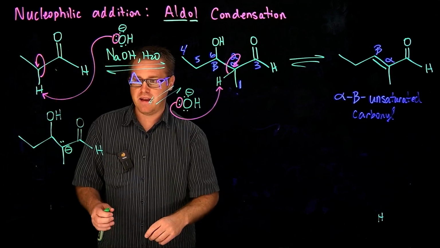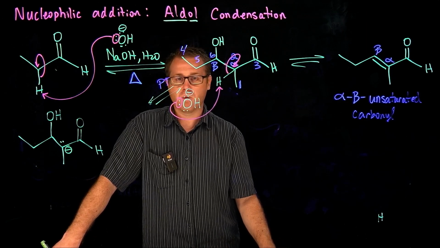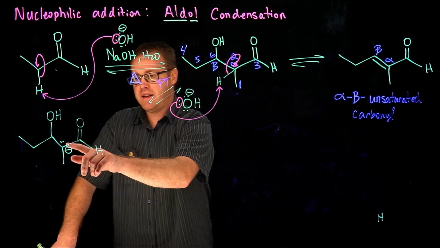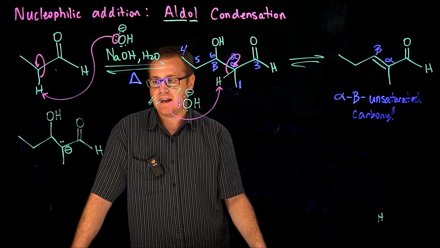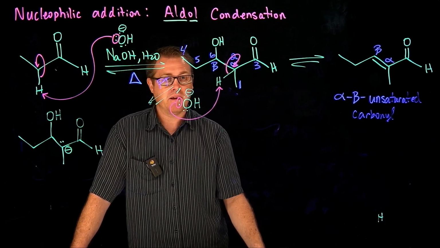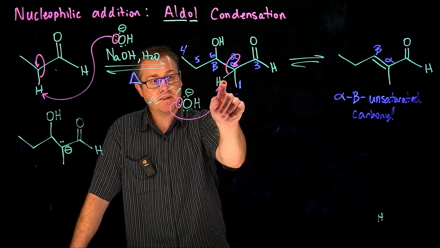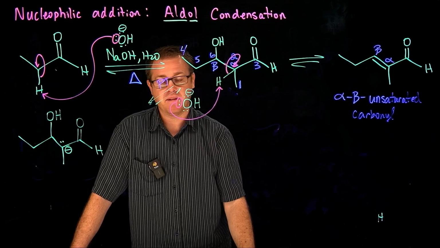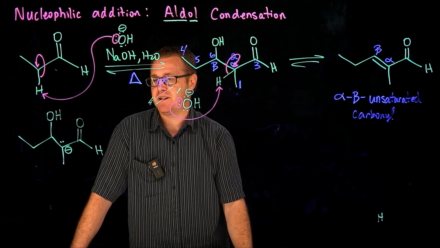So we have our enolate there. Now, why is this enolate form so good? Because it is resonance stabilized with that carbonyl. So that enolate can be generated with relative ease. That proton right there is going to be relatively acidic because its conjugate base is resonance stabilized.